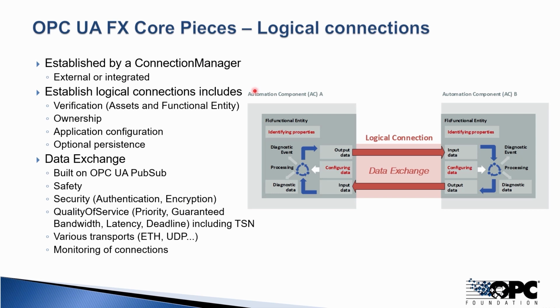Data exchange can be built on various transports, like naked layer 2 PDUs or UDP framing, up to AMQP and MQTT. And we allow to monitor connections, so that if one of the connection endpoints detects that it doesn't get enough input data, it will stop producing output data.